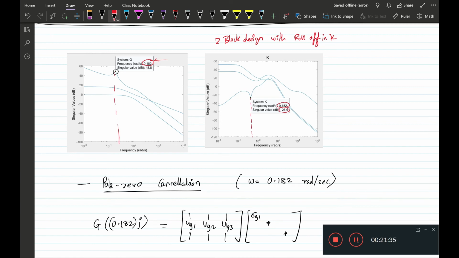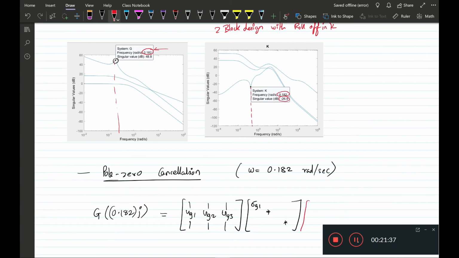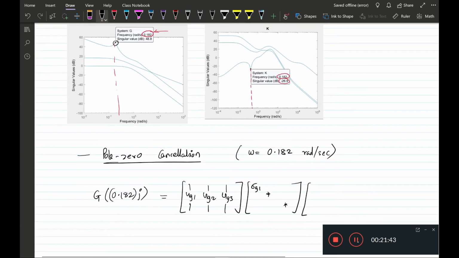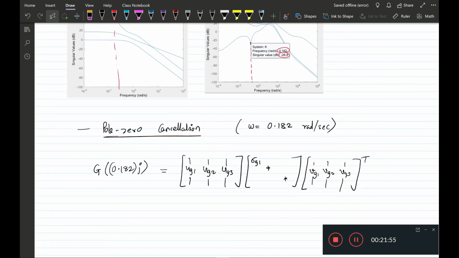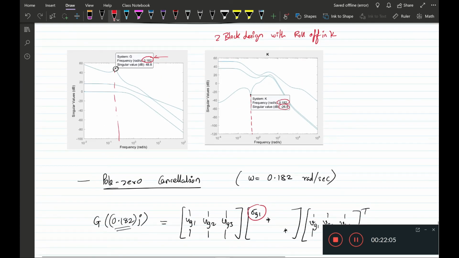So for the plant it's the largest singular value, so we look at the singular value decomposition of the plant, U sigma V transpose, that's what you get when you do an SVD of the matrix evaluated at this frequency, and this value should correspond to 48.8 dB.